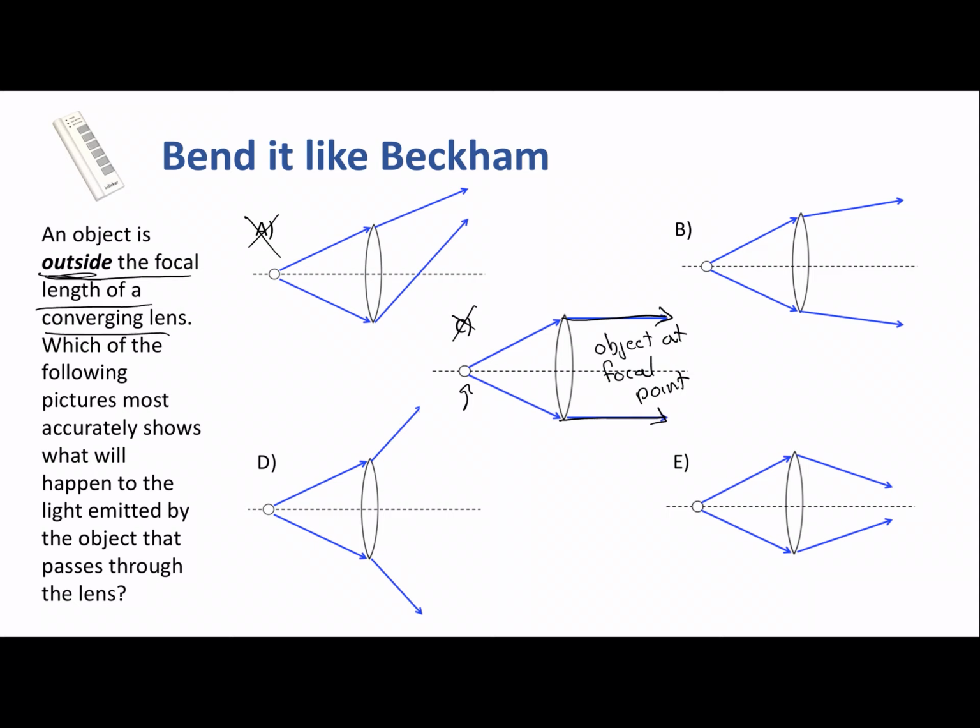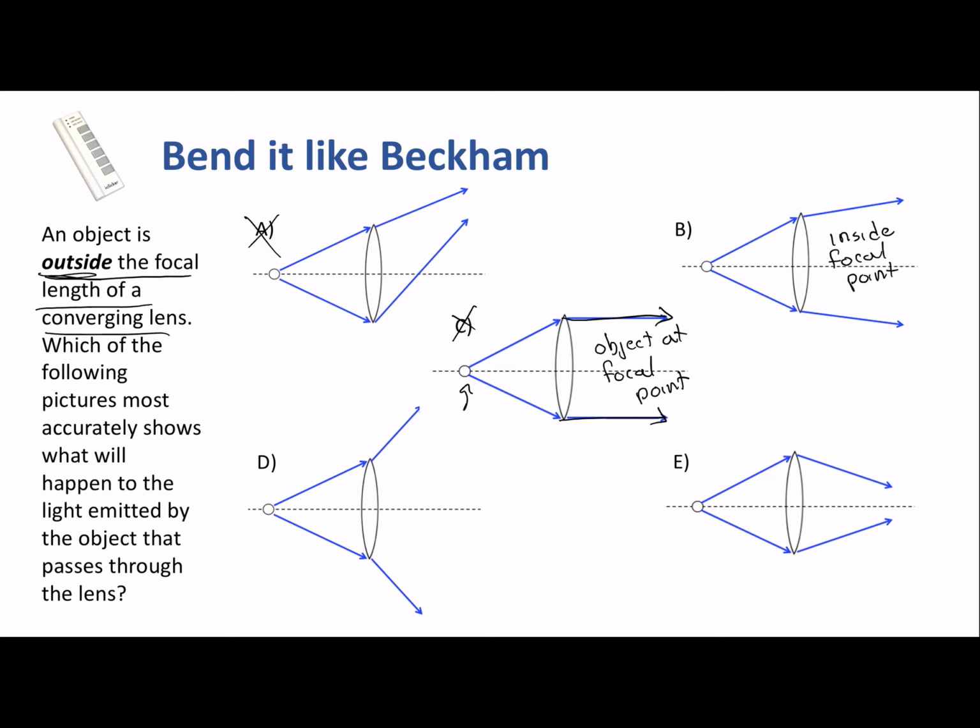So it's not C, although C is an actual depiction of what could happen to light from an object passing through a converging lens. B, again, could happen, but this would be about an object that's inside the focal length of the lens, or inside the focal point.